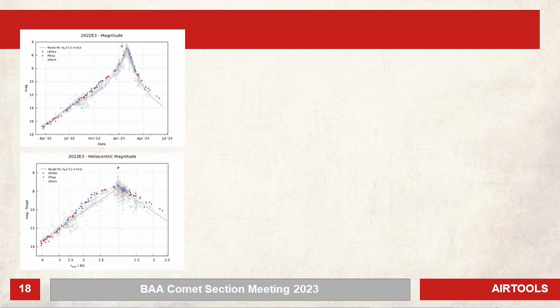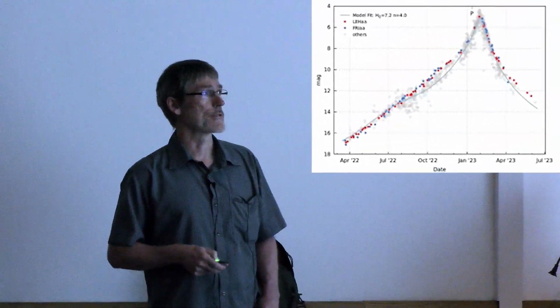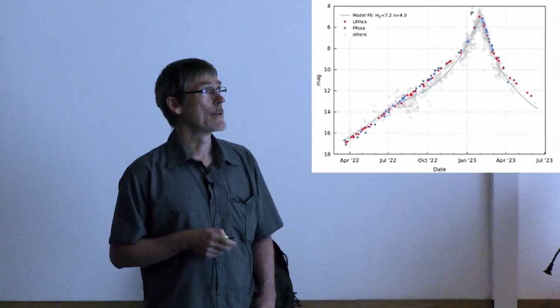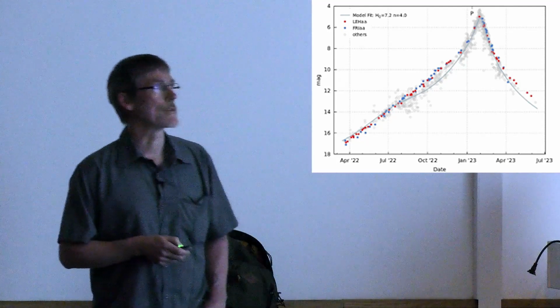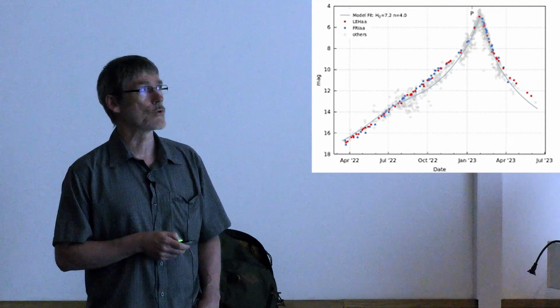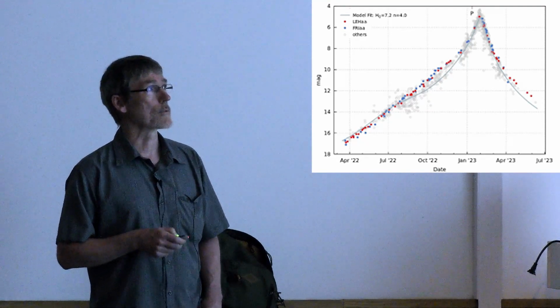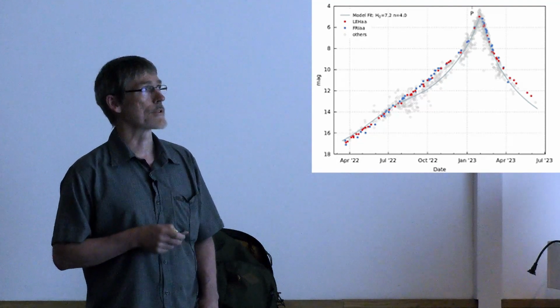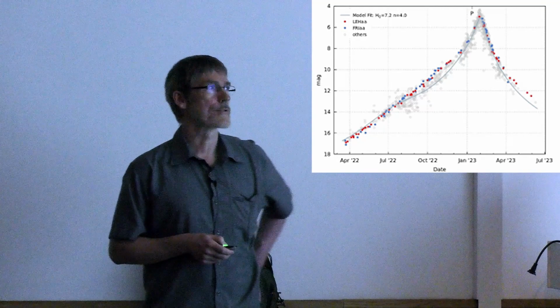A few examples of those plots. Left is the observed magnitude, and here the heliocentric magnitude for the last bright comet we have seen early this year, 2022 E3. And I have just highlighted observations from myself and another observer who's using the AIRTOOLS software.